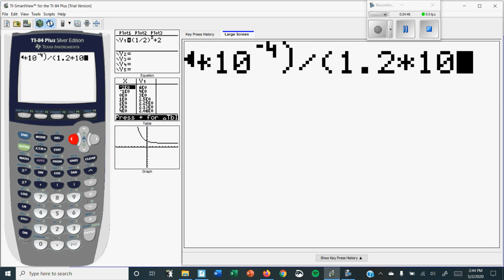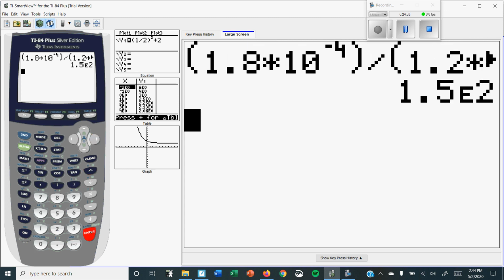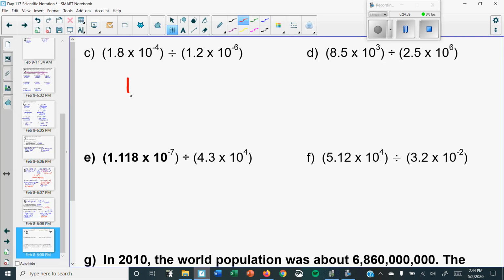I need to do an exponent, to the negative 6. And here we go. 1.5, and remember, E means times 10, squared. 1.5 times 10 squared. Again, if you're one of my students, you don't need to show work. If you're not one of mine, ask your teacher.